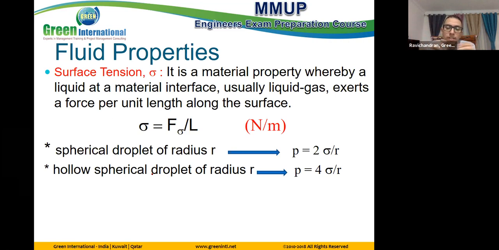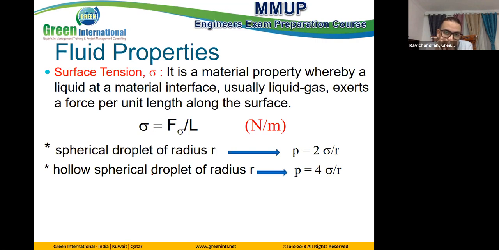Why is this created? To cover any attack from outside. For example, if you put a very small pipe in a liquid, you will see some of the liquid going inside and rising up. This is not due to pressure; the effect of the pressure here is neglected.